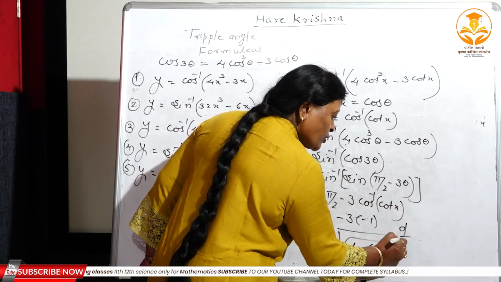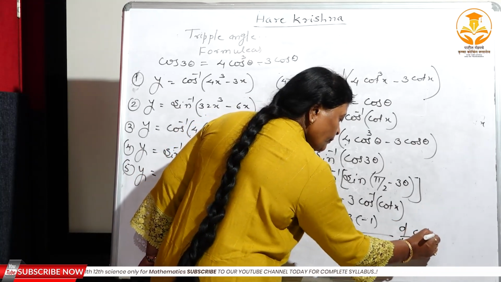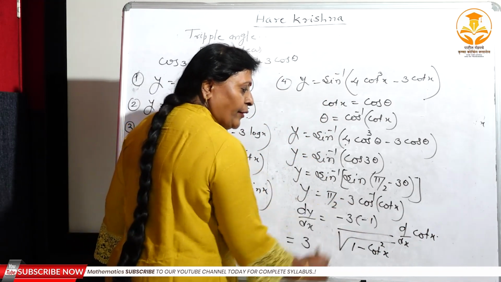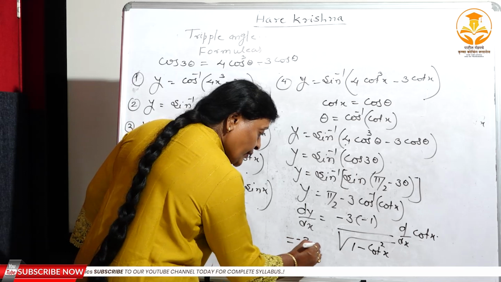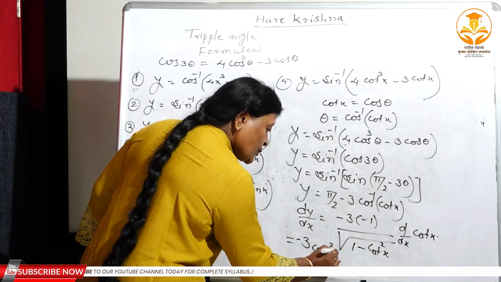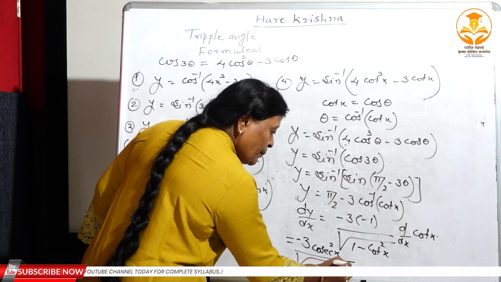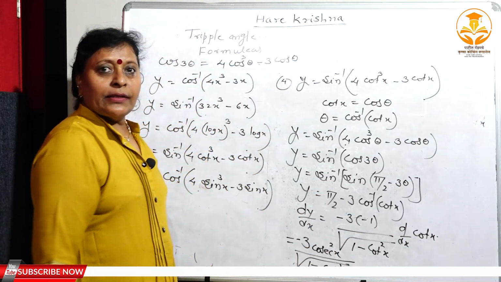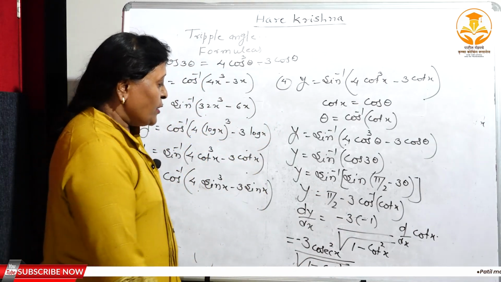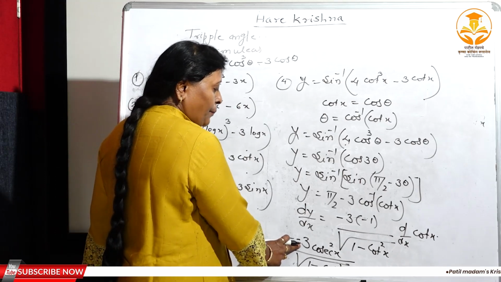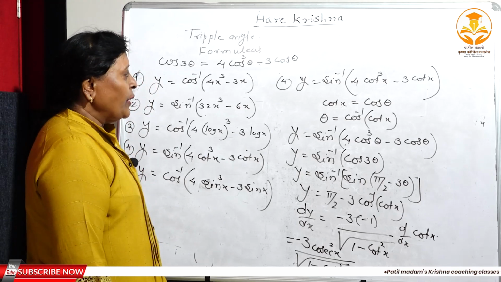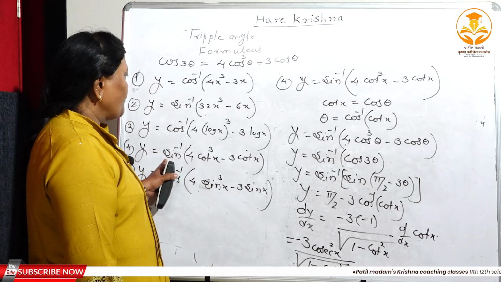And the derivative of cot x is minus cosec square x, so minus minus becomes plus. So here you have got the result: minus 3 into cosec square x divided by root of 1 minus cot square x. This is about the fourth problem.